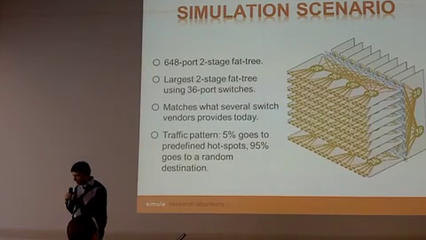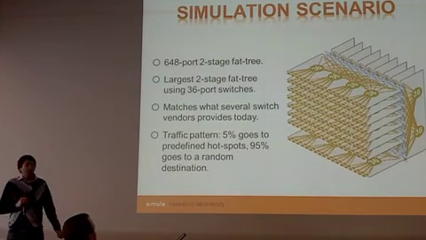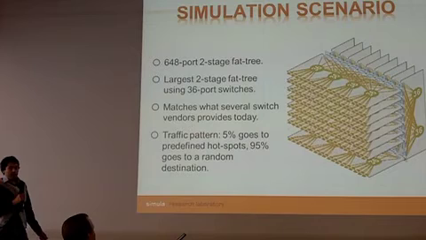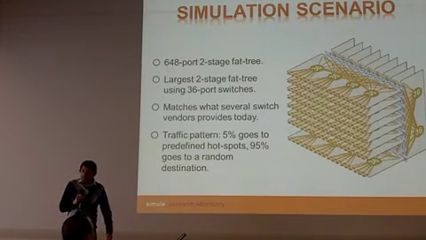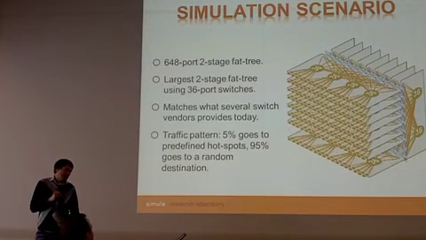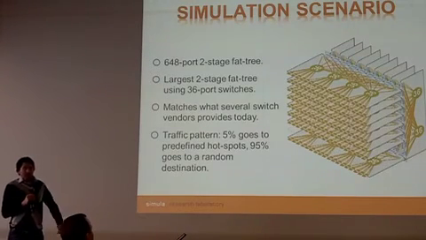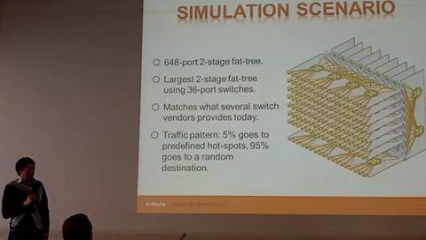If we look at a slightly larger scenario, we have simulated a 648 port 2-stage vFtree, which is the largest 2-stage vFtree that we can build using 36 port switches. And this is something that several vendors these days provide.